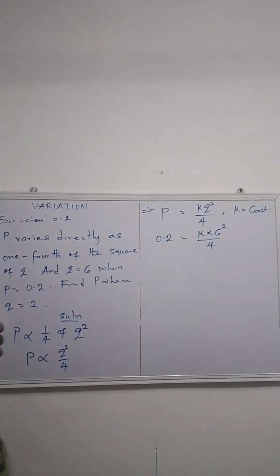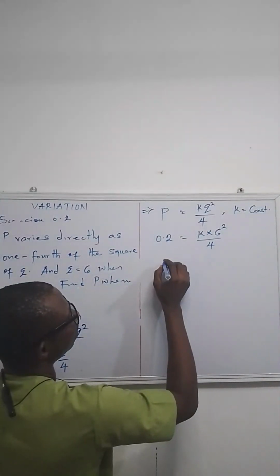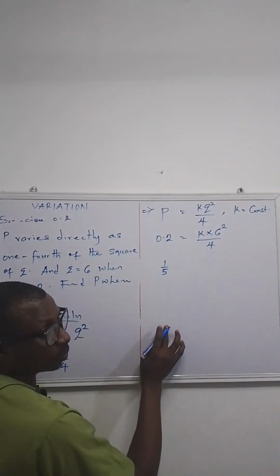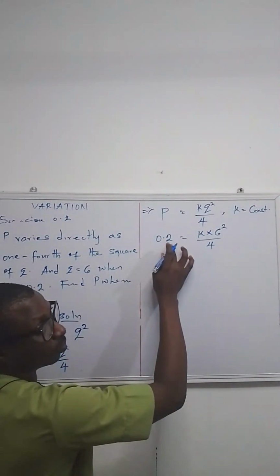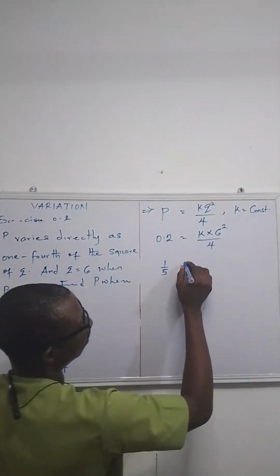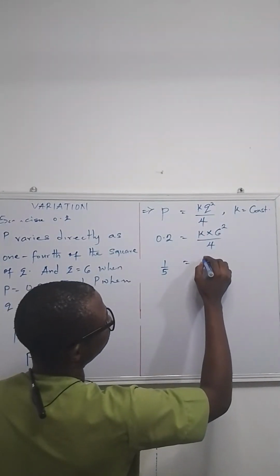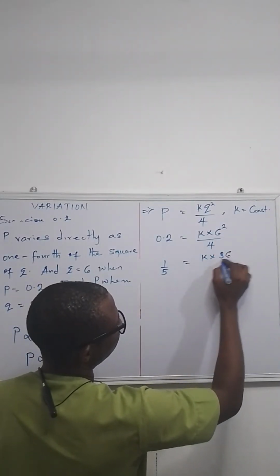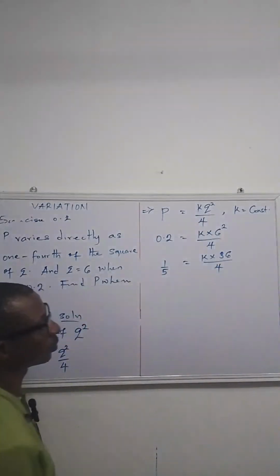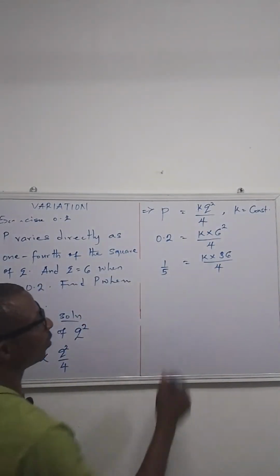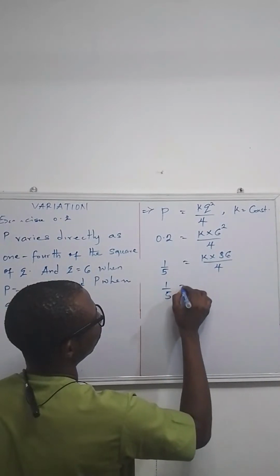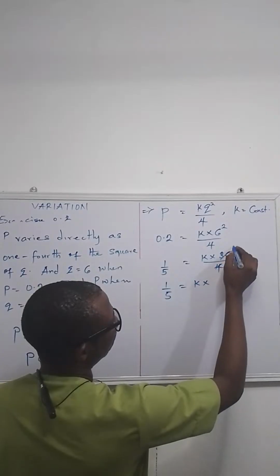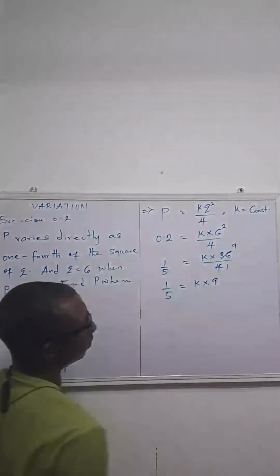0.2 is the same thing as 1 over 5, because this is the same thing as 2 over 10, and 2 over 10 is 1 over 5, equals K times 6 times 6, which is 36 over 4. So we have 1 over 5 equals K times, 4 goes into 36 nine times, so times 9.